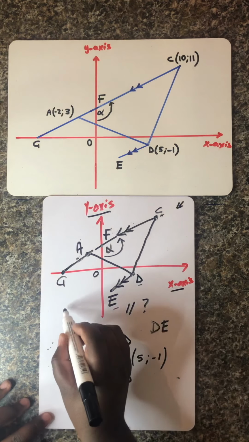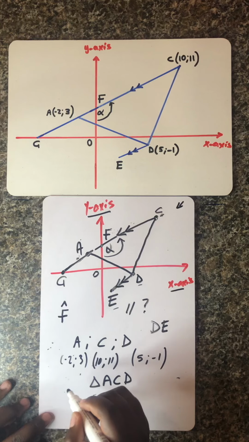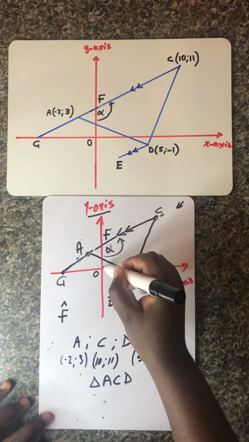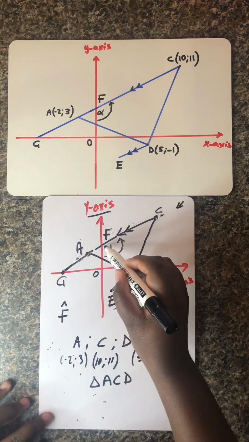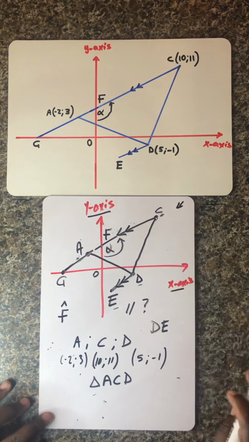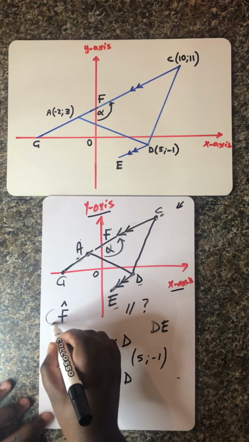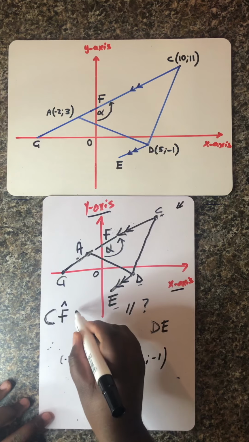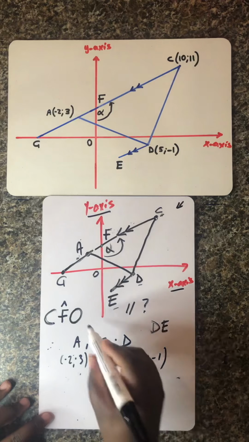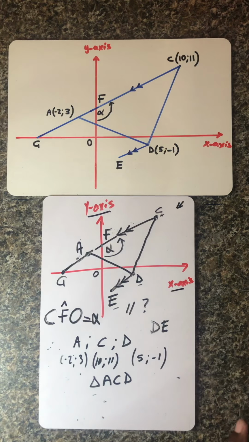We've got the angle at F, which is formed between F and the origin, F and O, and again between F and C. So let me just say it's an angle formed between FC and FO, and that angle is called alpha. Ladies and gentlemen, it's very much important that you understand this part.